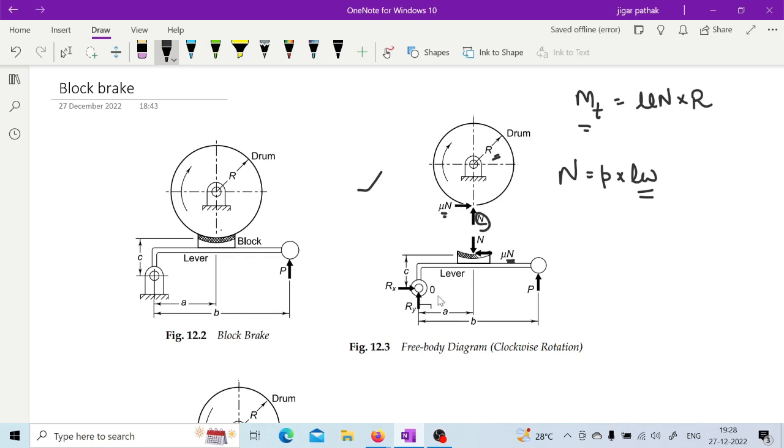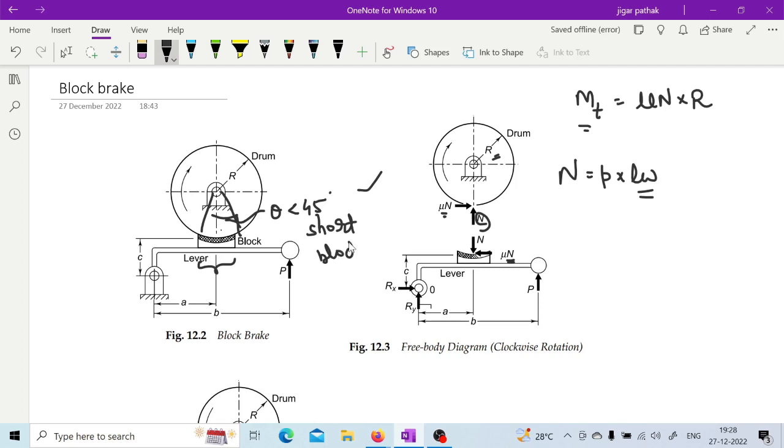Now there are two cases for this block brake: when the width of the block is short and when the width of the block is long. If this block subtends an angle which is less than 45 degrees, then it is considered a short block.